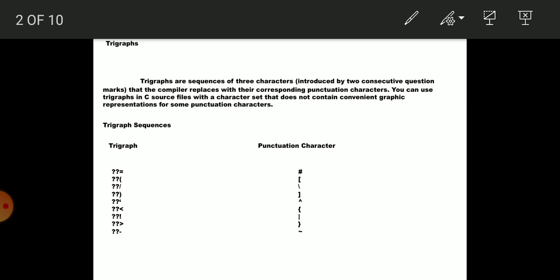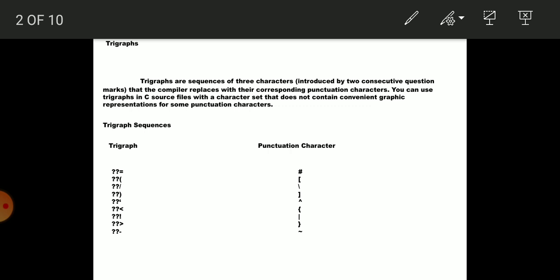Same way for the right bracket. 2 question marks followed by a less than symbol is used for a left curly brace. Similarly, 2 question marks followed by a greater than symbol is used as a right curly brace. 2 question marks followed by an exclamation mark is used for a vertical bar.